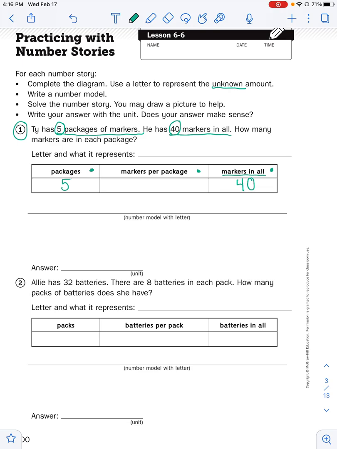So I'm going to choose M so that I know that it's the markers per package. I'm just going to put an M in here, nothing else. And I also have to put what that M means. M means markers per package.